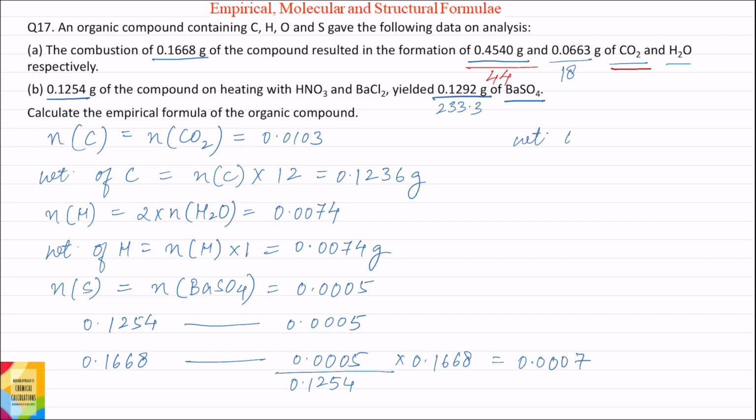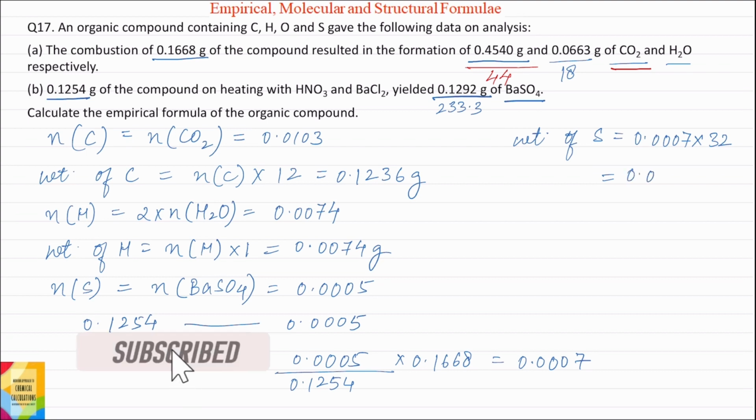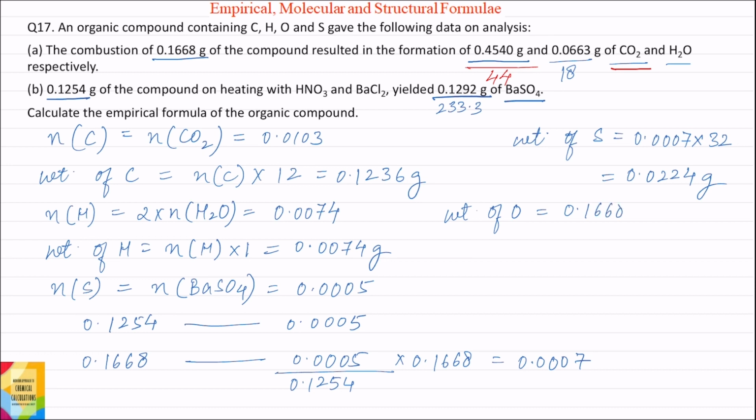And weight of sulfur will be equal to 0.0007 into atomic weight of sulfur, that is 32, and this is equal to 0.0224 gram.